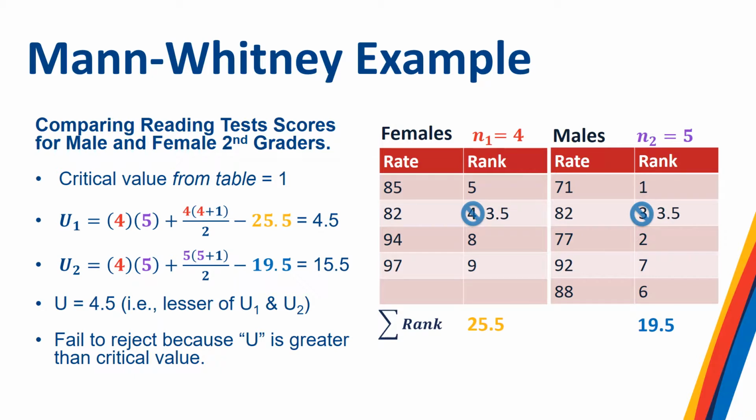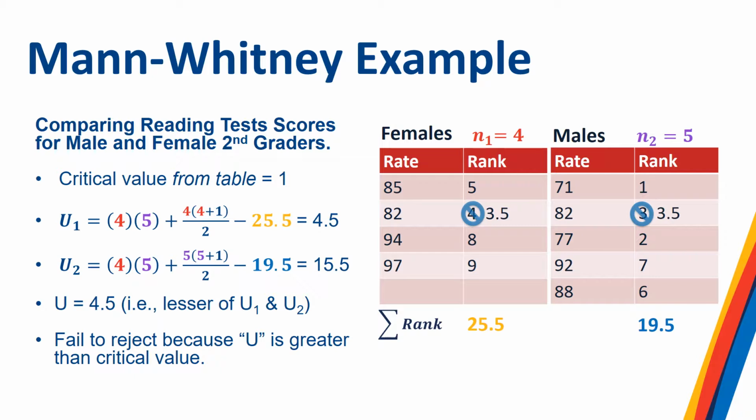Then you plug those factors into the formula for U1, and then for U2 you plug in the same things. Remember, the formulas are outlined on slide 6. You just plug the formulas in, and then you take the lesser of the 2 U's.